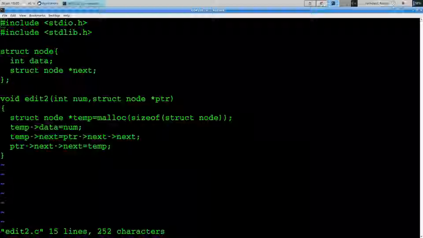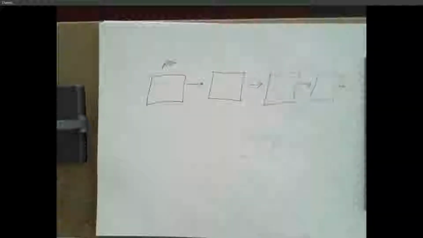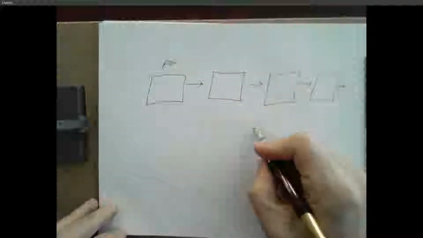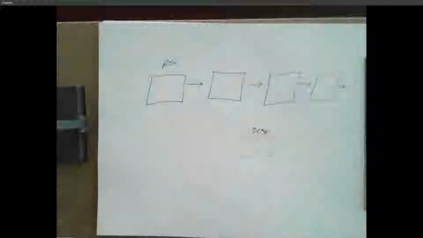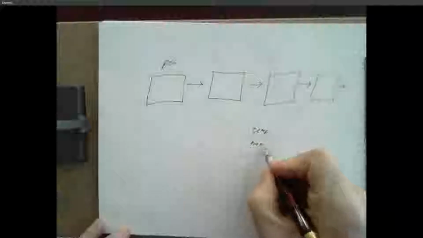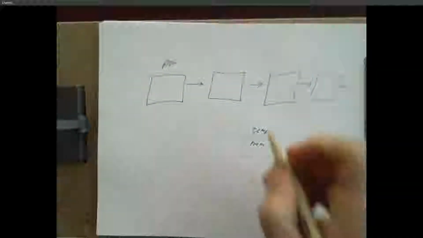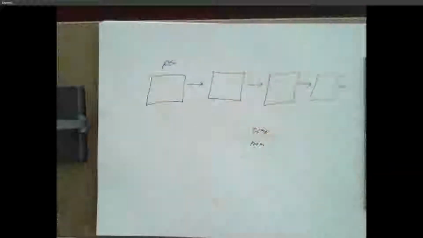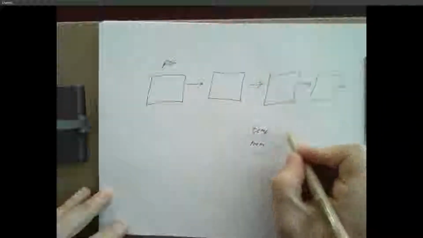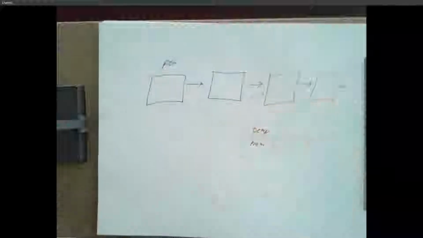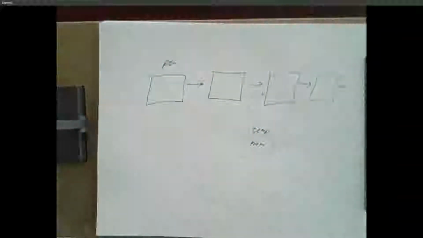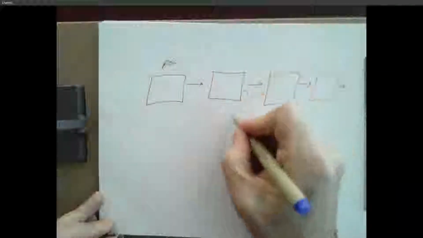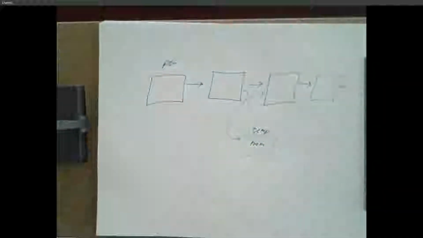So temp is the new node, right? We call malloc and we set temp data equal to num. So this is temp, and it's got a data value of num. And so to put it in between the second and the third, we've got to do 2 things. We have to make this thing point to the third node, and then we have to make the second node point to the new thing.